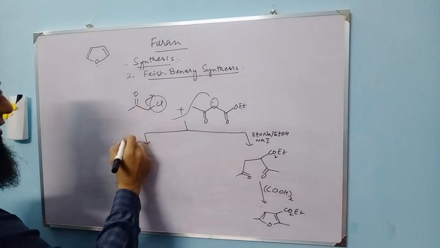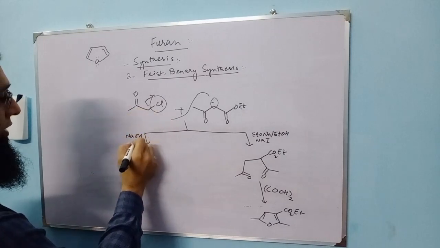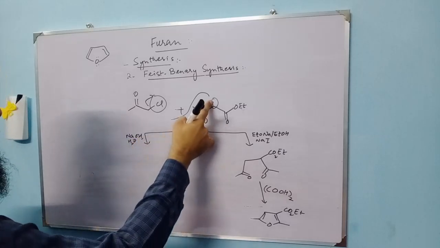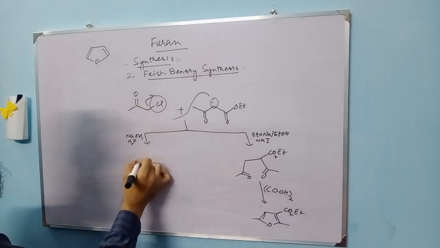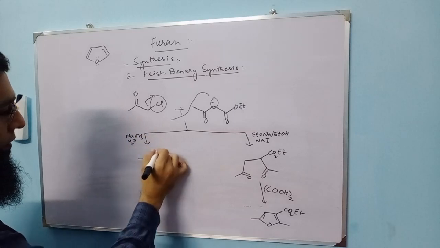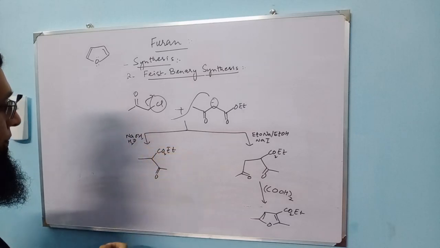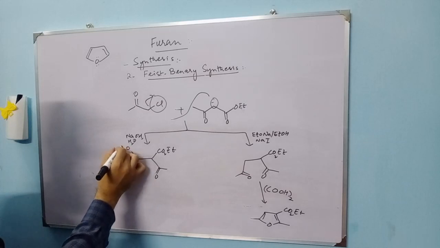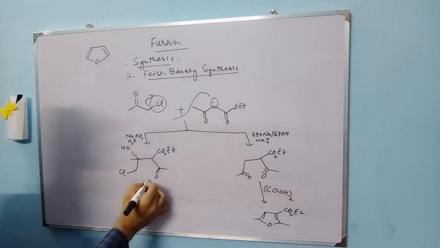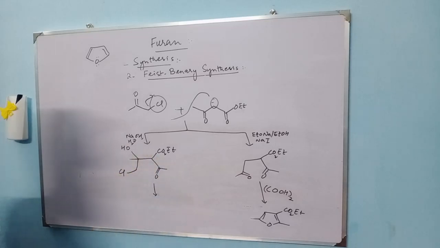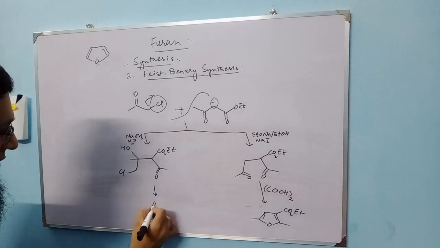And if the reaction occurs in sodium hydroxide aqueous conditions, the enolate attacks again on this carbonyl carbon, and we get this derivative, and again all the mechanism would be same which we have discussed earlier, and final compound would be this.